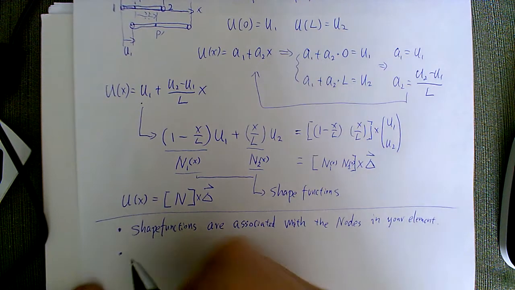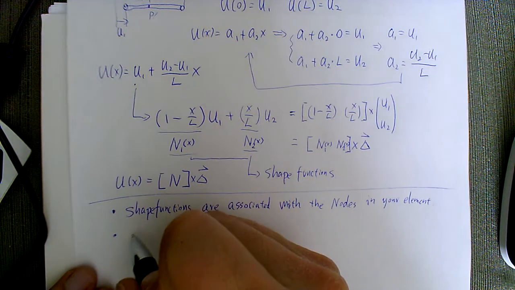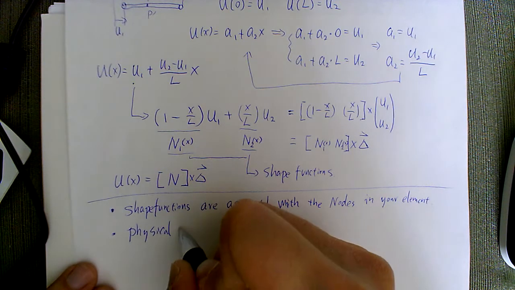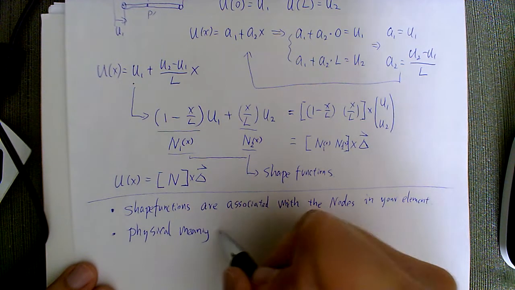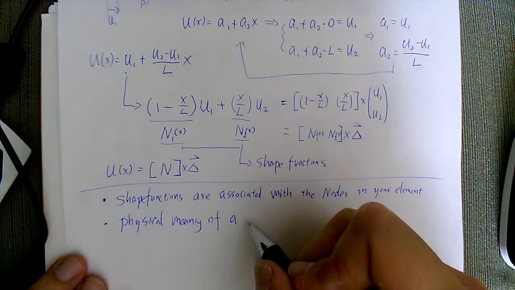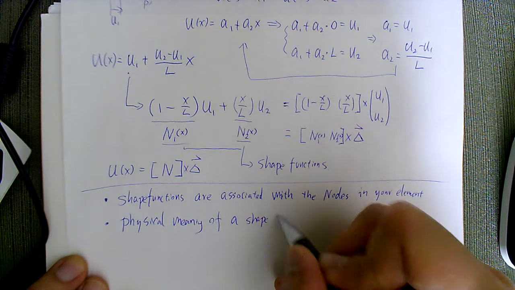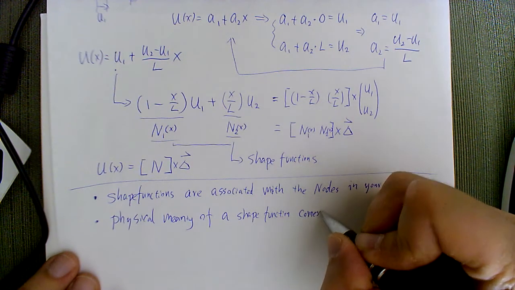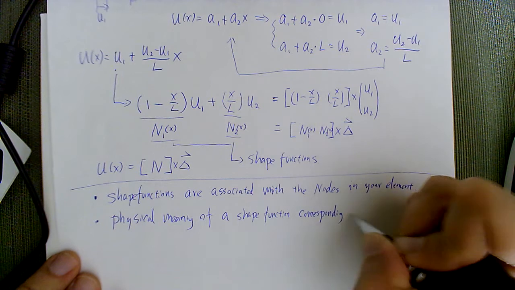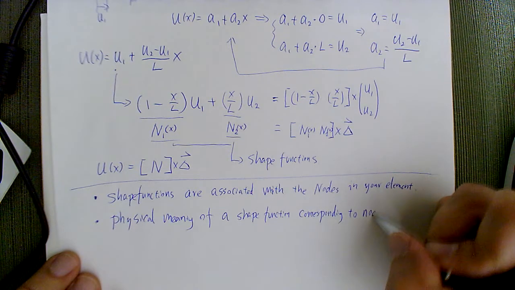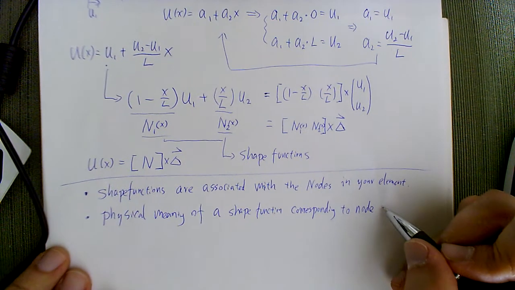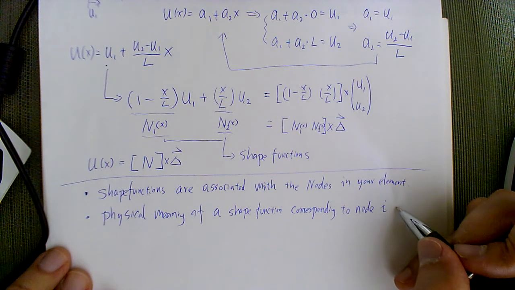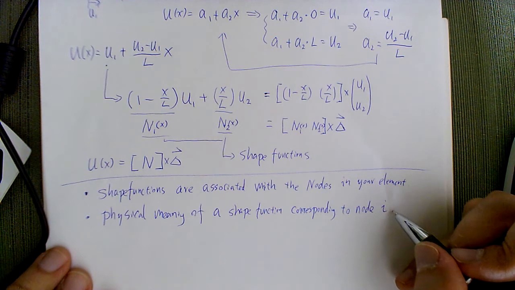The physical meaning of a shape function corresponding to node, let's say node I, what is it?